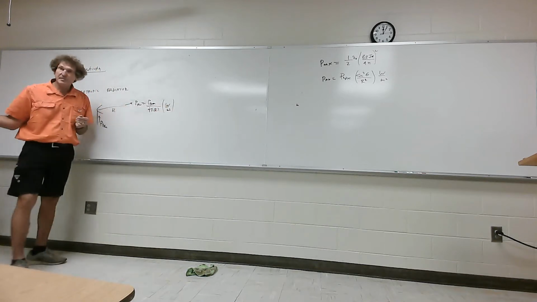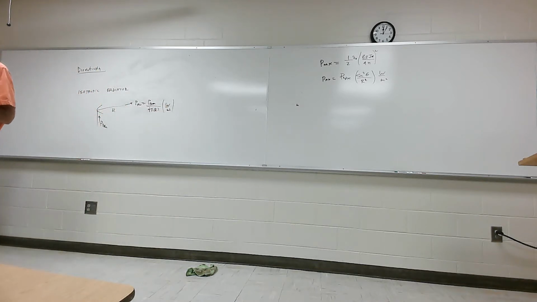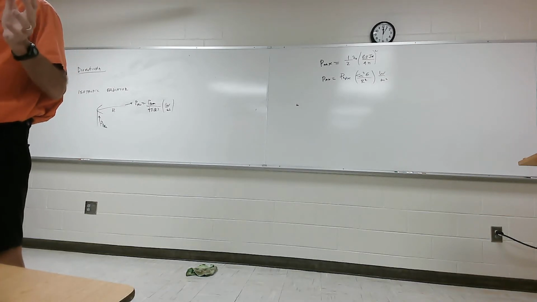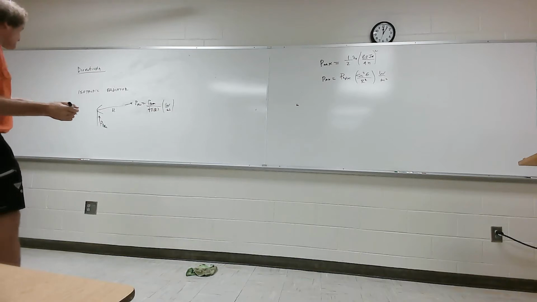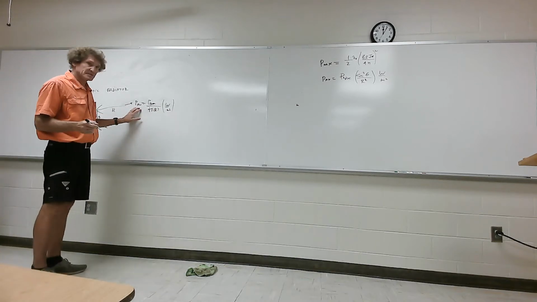If you take the total power transmitted and go through the spherical surface that all that power is flowing through, that gives the power density. The surface area of the sphere is 4 pi r squared. Everybody okay? So this is an isotropic radiator's power density.